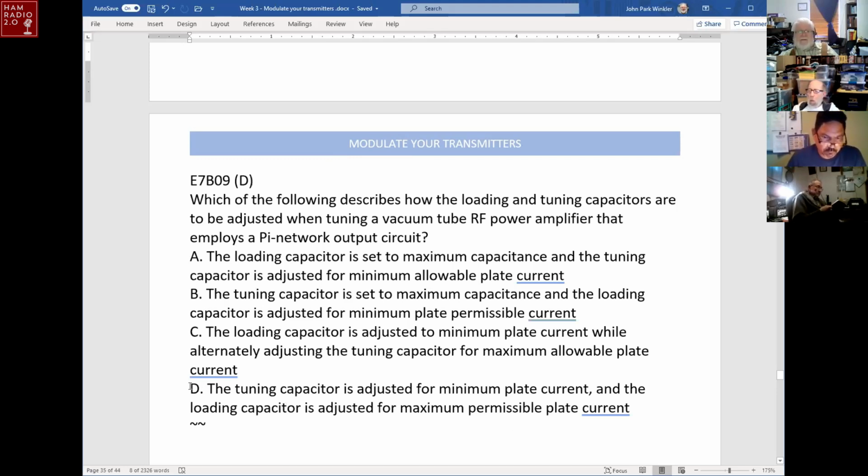So the answer is D. The tuning capacitor was set to minimum plate current, not capacitance, so B is wrong. The loading capacitor is adjusted to minimum plate current while alternately adjusting the tuning capacitor for a maximum allowable plate current.